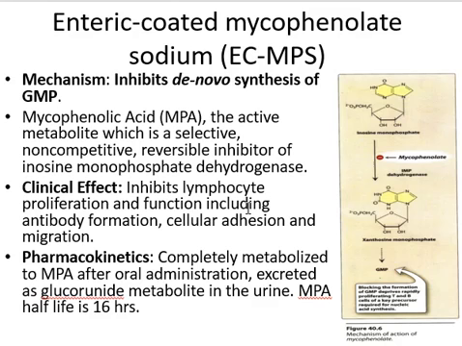They also inhibit the ability of lymphocytes to move from lymphatic tissue to inflamed tissue, and to move from point A to point B through the lymphatic vasculature. There are also some pharmacokinetic considerations in terms of half-lives of certain metabolites excreted into the urine, and what that does to renal physiology.